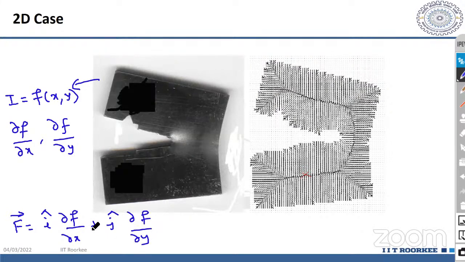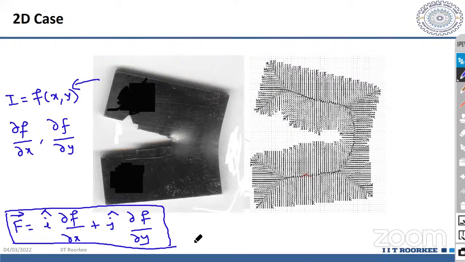So when I compute this, I will get a vector. The vectors, not a vector space. Vector space is a completely different concept. When I talk about the vectors, they all look like this. So for this image, when I compute this in discrete form, you will get vectors like this.